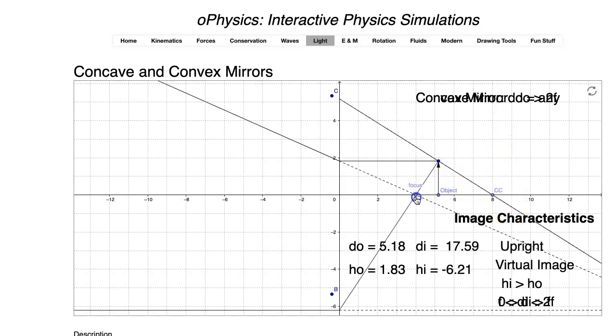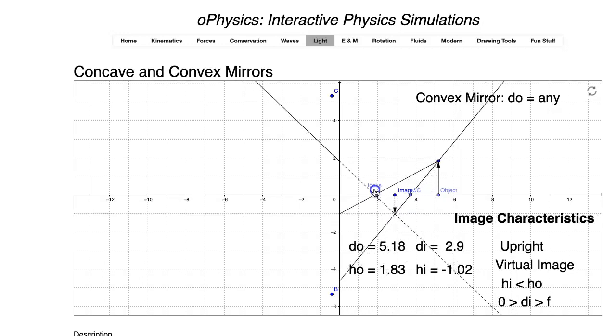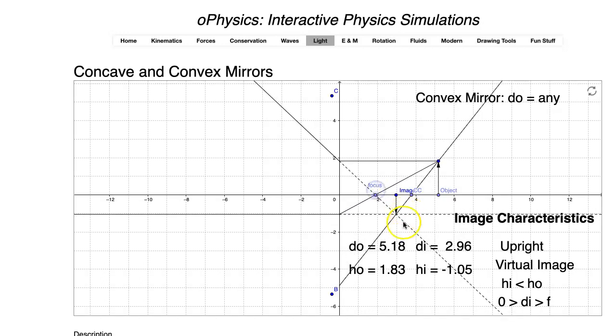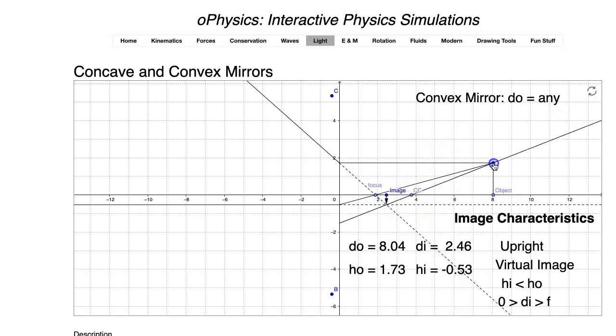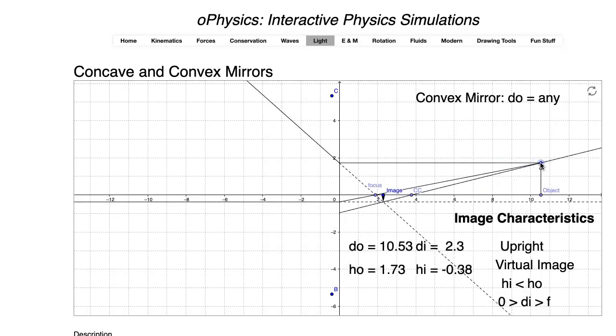Now, when I bring my focus here, this is going to be the convex. This is the convex, and you need to place the object in front of it. Here, this is the convex mirror, and again, you need to move your object back and forth, and every time record the values that I'm asking for.